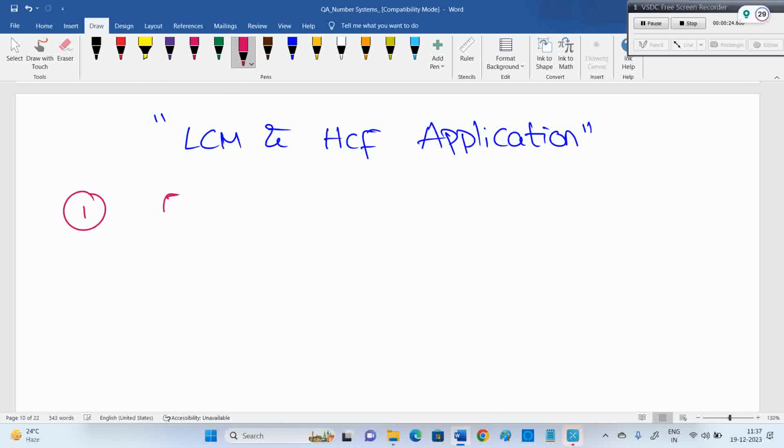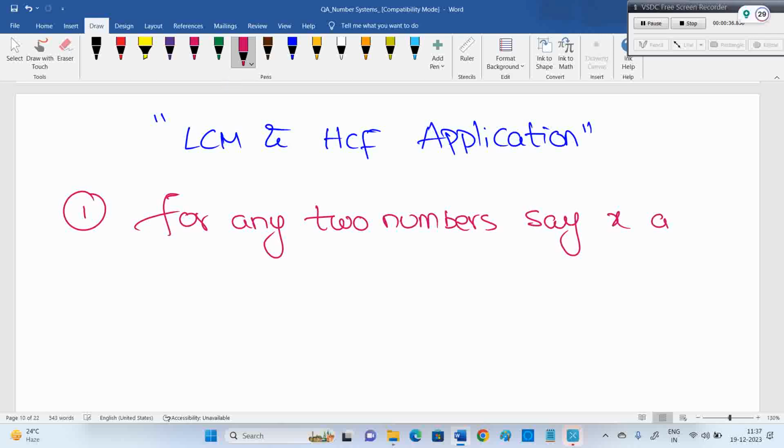For any two numbers, this property 1 is applicable only for two numbers. Say I'm taking the numbers X and Y. For any two numbers X and Y, X into Y, the product of those, is nothing but the LCM and HCF product.